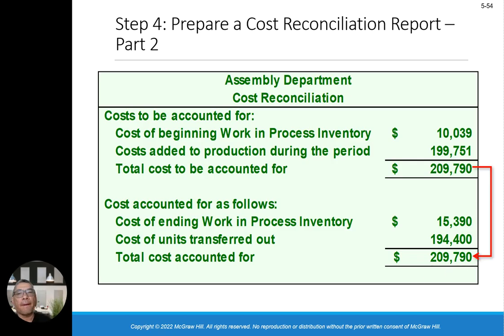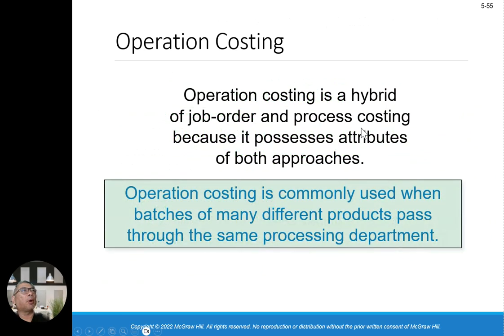Okay, all right. Operation costing is a hybrid of job order and process costing because it possesses attributes of both. Operation costing is commonly used when batches of many different products pass through the same processing department.